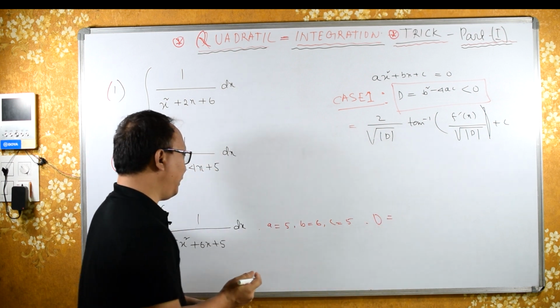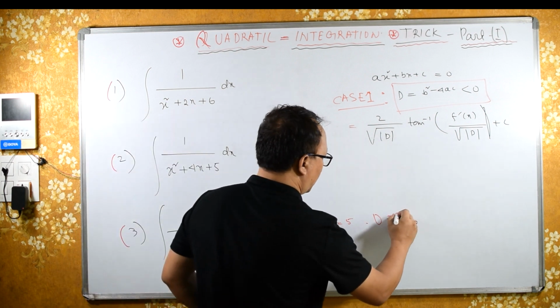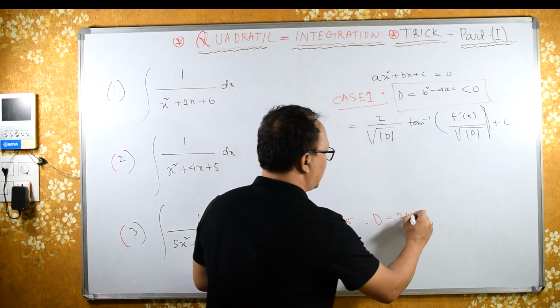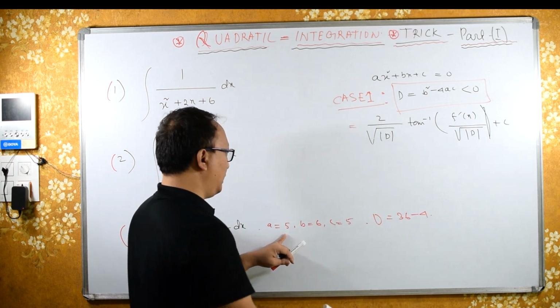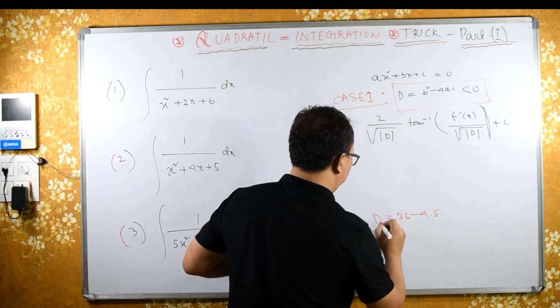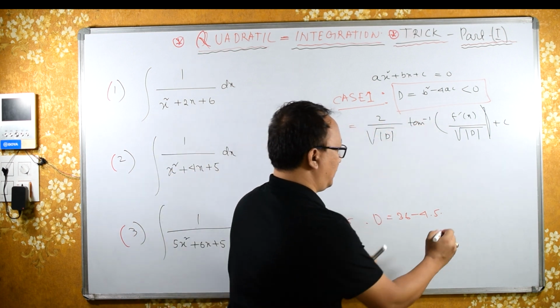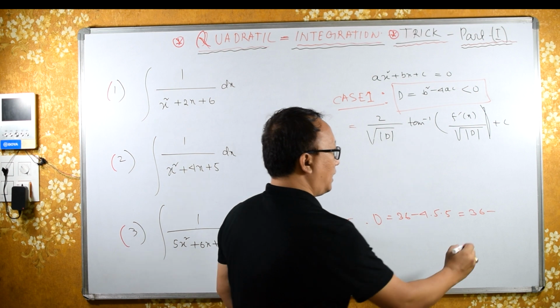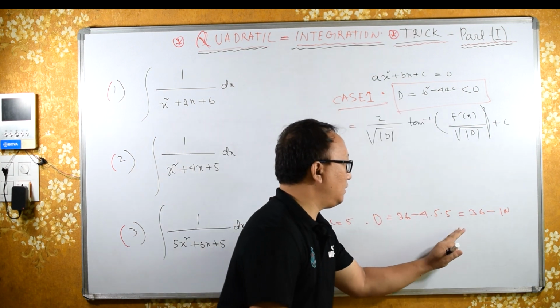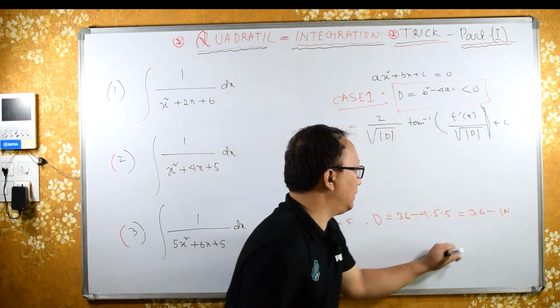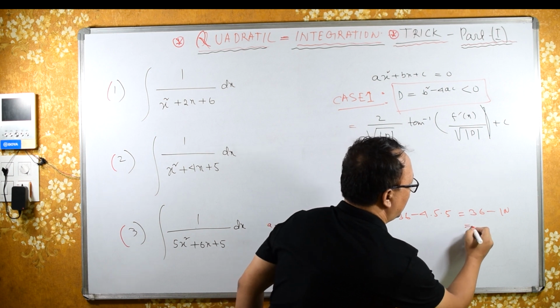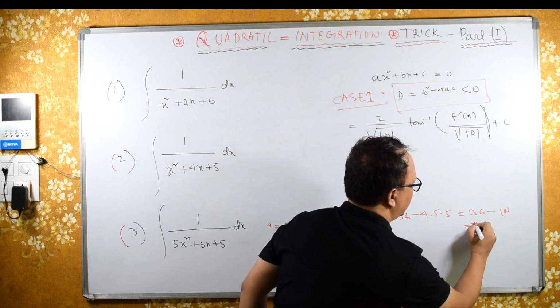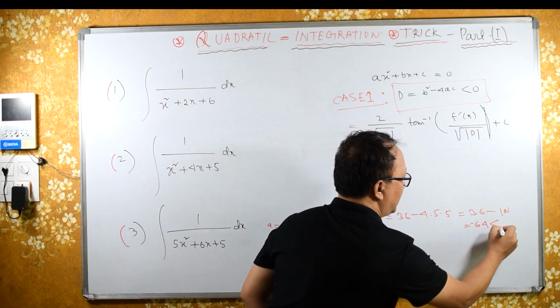Discriminant is b square, 6 square is 36, minus 4ac, 4 times 5 times 5, which is 36 minus 100. 36 minus 100 is minus 64, which is less than 0.